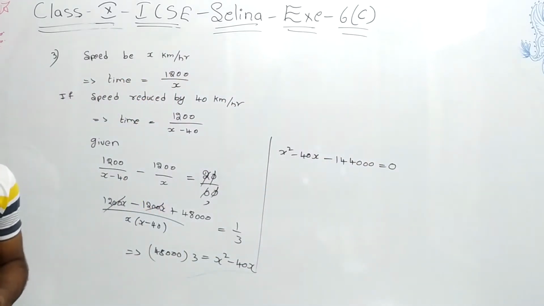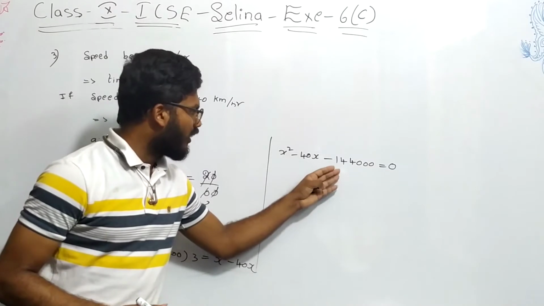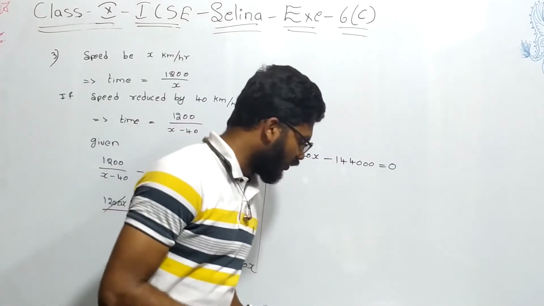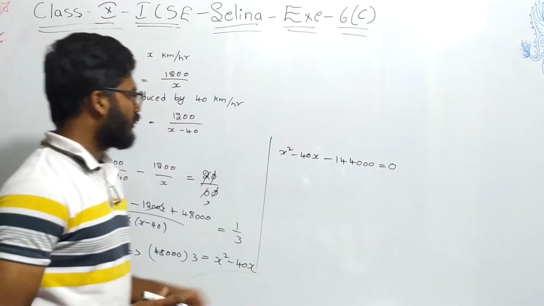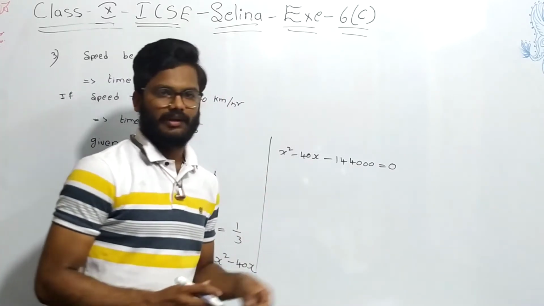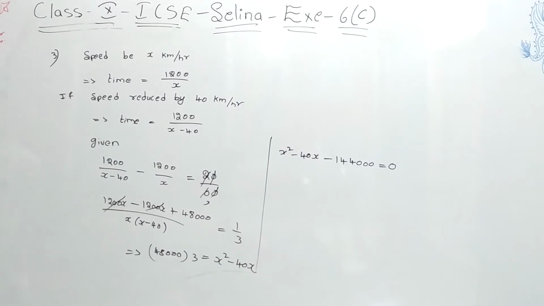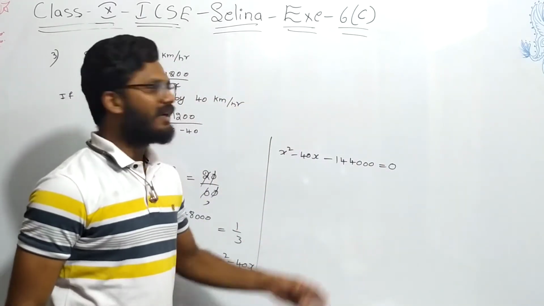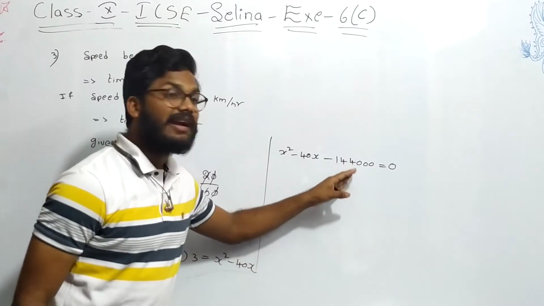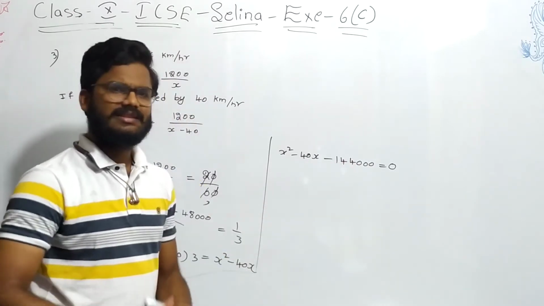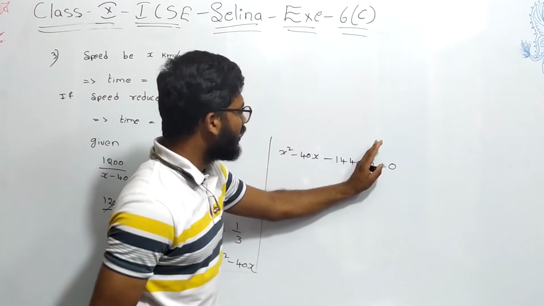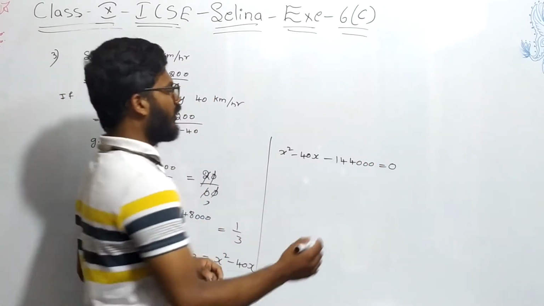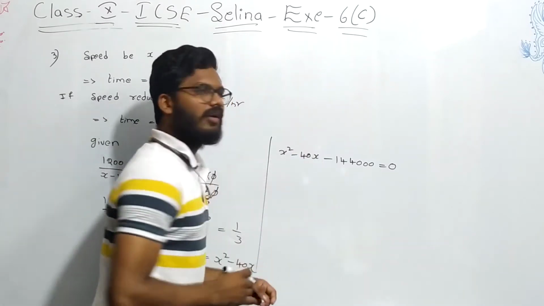Now, we have to find the factors for 1,44,000, right? So, let us see how we will get. The difference is 40. Or else see simply how much it is. If you remove 2 zeros, 1440 or 144. So, here it is nearly 40.